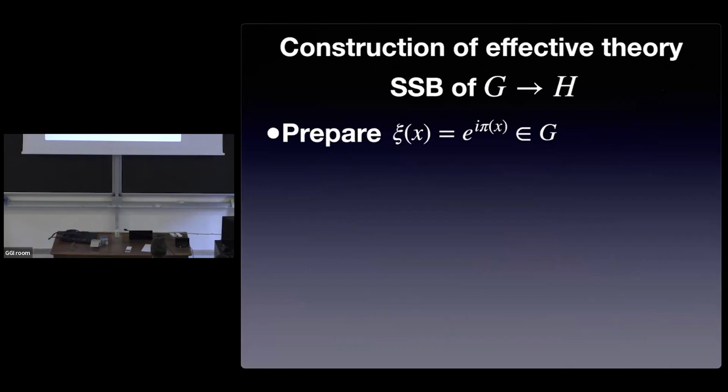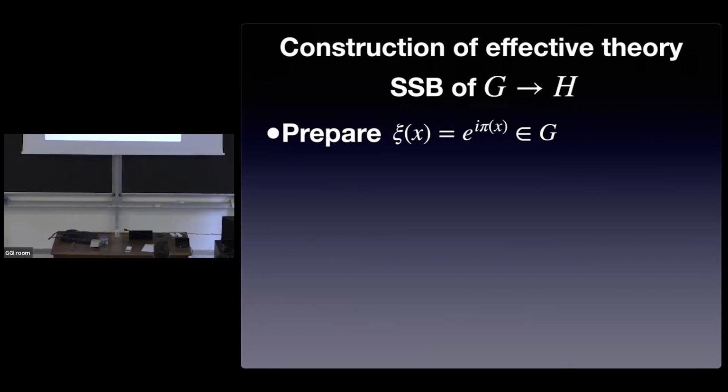Let's discuss the construction of the effective theory in the general case. If you have a continuous global symmetry G which breaks down into its subgroup H, we want the effective Lagrangian for this symmetry breaking phenomenon.